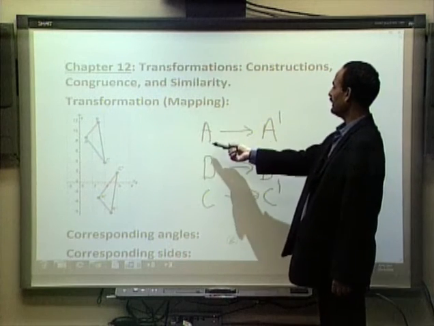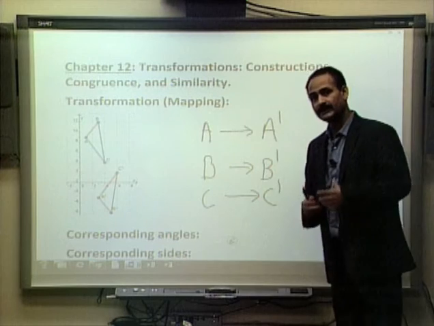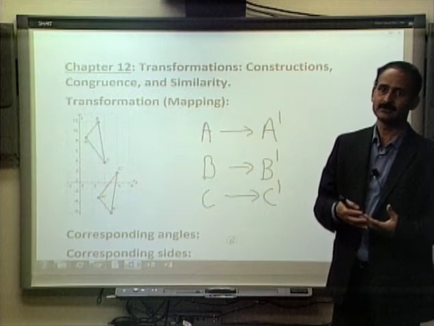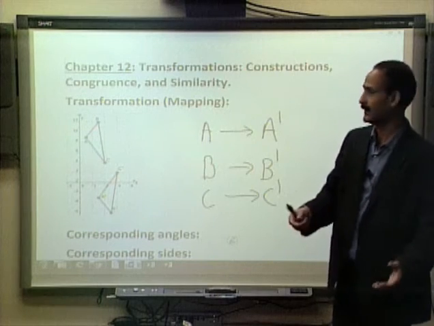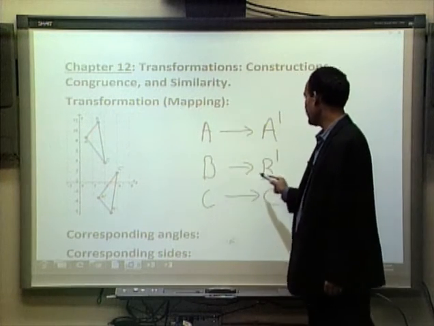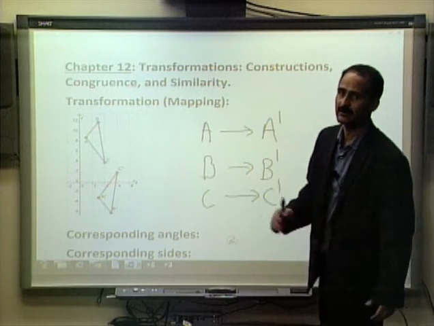And sometimes this A dash is called corresponding point to the point A. A and A dash, they are corresponding points. Similarly, B and B dash, they are corresponding points. C and C dash, they are corresponding points.